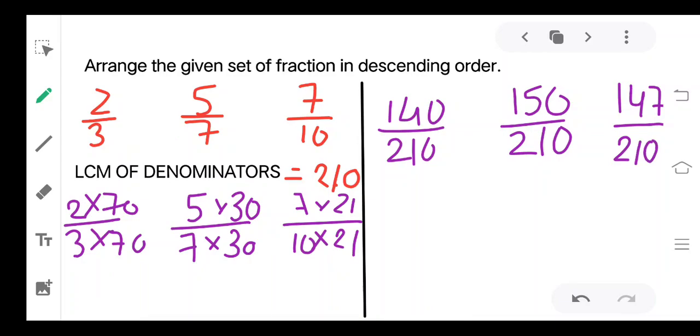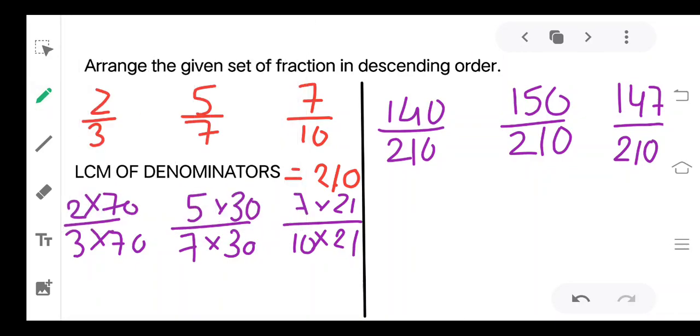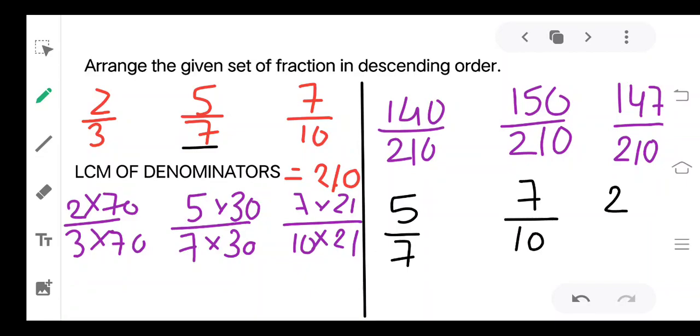So now we have to compare 5 upon 7, 7 upon 10 and 2 upon 3. This is your answer. Students, we have to go from greater to smaller.